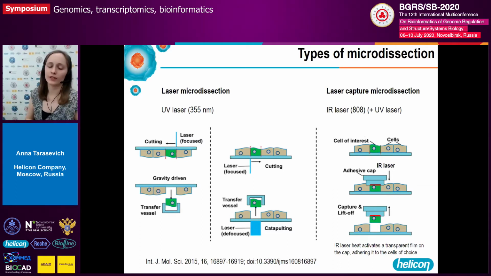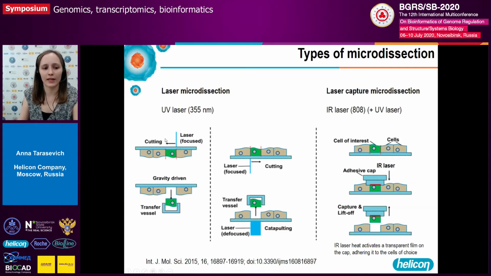The first one uses the UV laser, ultraviolet. The second one, the IR laser, so the infrared laser. Here the two pictures on the left show the UV laser technology. So it's based on cutting. So you see here some membrane slide marked blue, and the tissue region marked green, which we want to isolate.